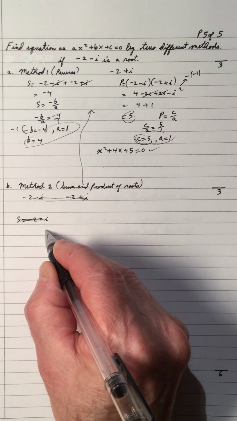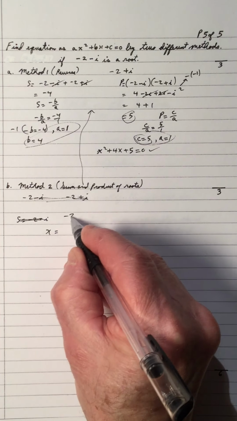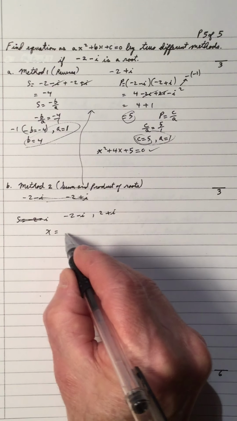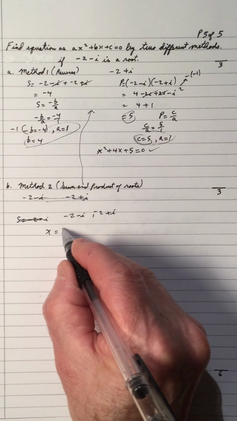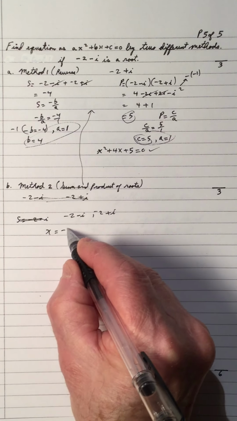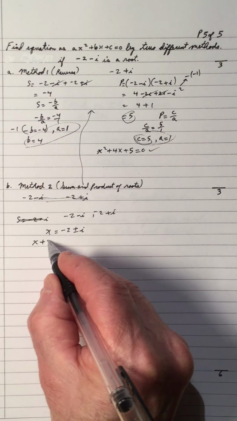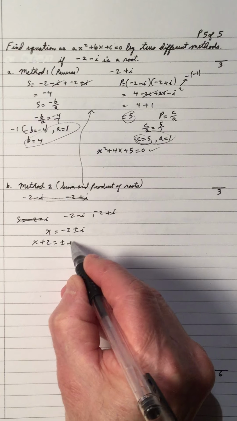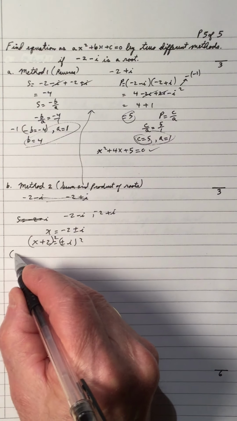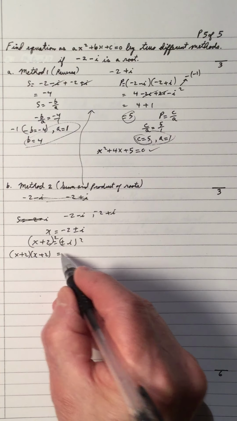So we have x, there's 2 of them. So we have negative 2 minus i, negative 2 plus i. Let's put them together and get x equals negative 2 plus or minus i. Bring the 2 over, make it a plus. Square both sides. That gives us x plus 2, x plus 2.